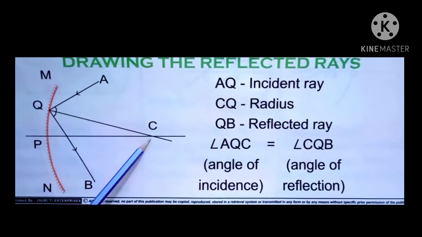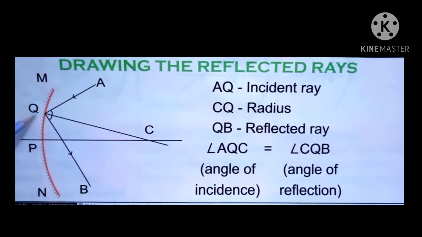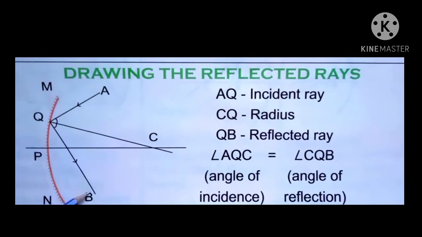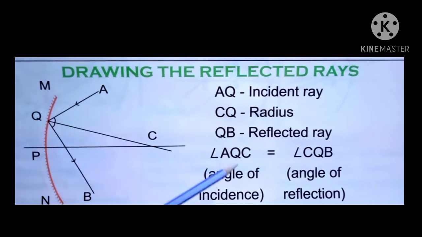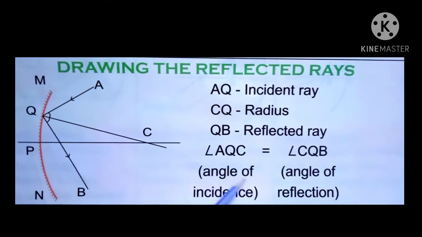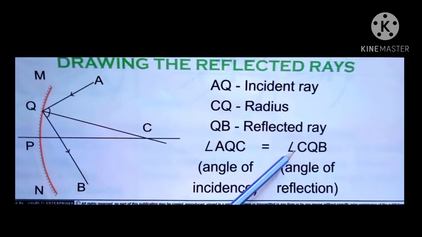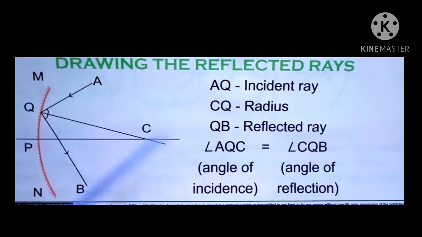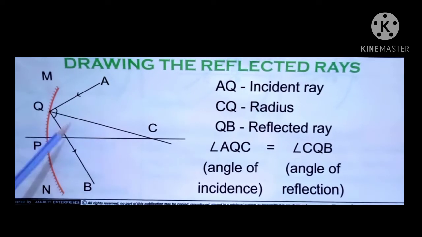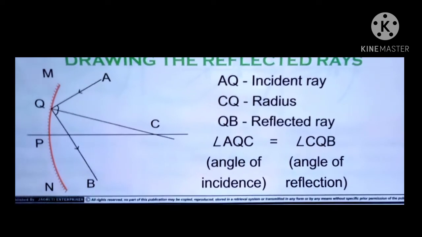C is the center of curvature. QB is the reflected ray. AQ is the incident ray, QB is the reflected ray. And according to the law of reflection of light, angle AQC, angle of incidence, is equal to angle of reflection, that is angle CQB. So these two angles are equal according to the law of reflection.